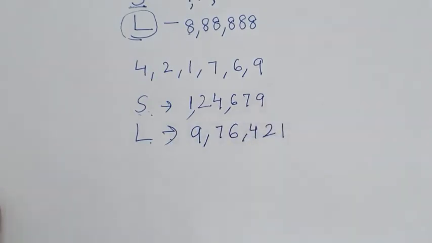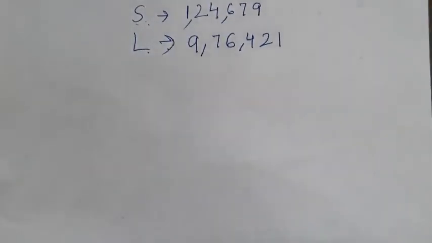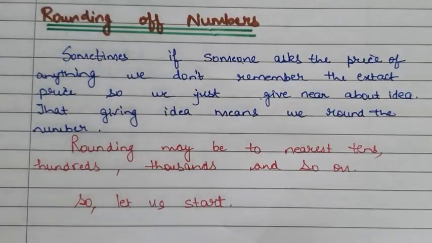to 1. Now let us discuss rounding off numbers. Children, sometimes if someone asks you the price of anything, we don't remember the exact price of that thing. So we just give the idea that this price is near to the exact price.